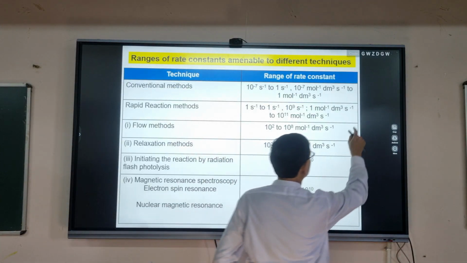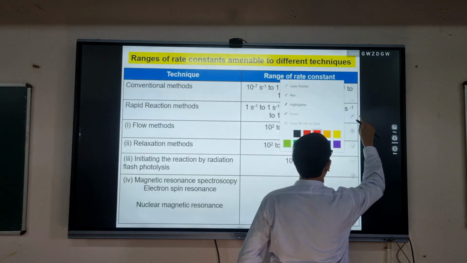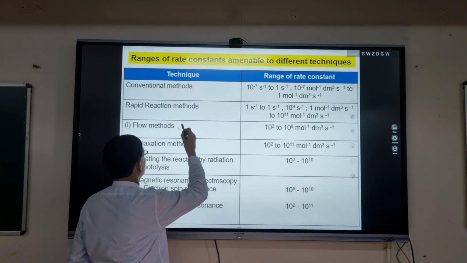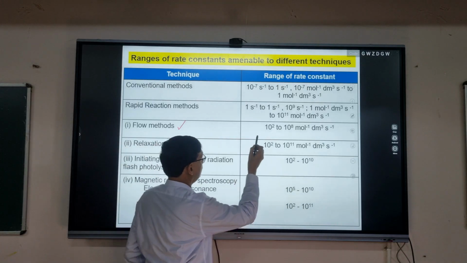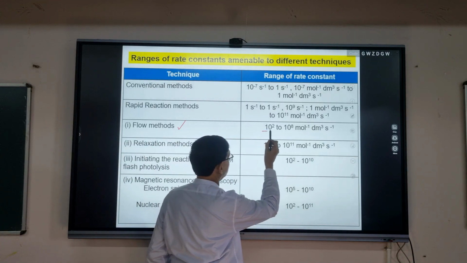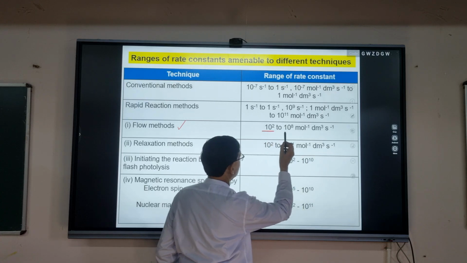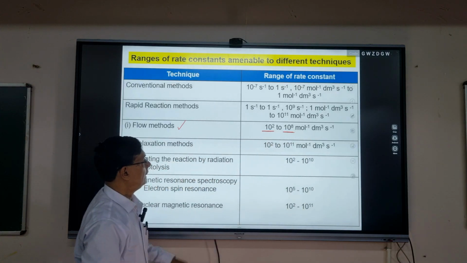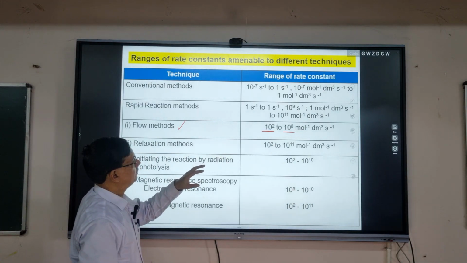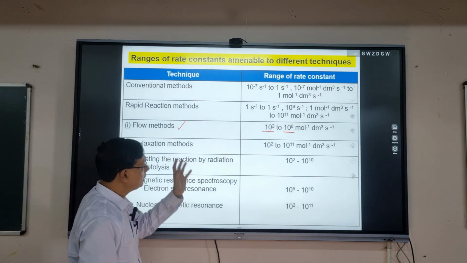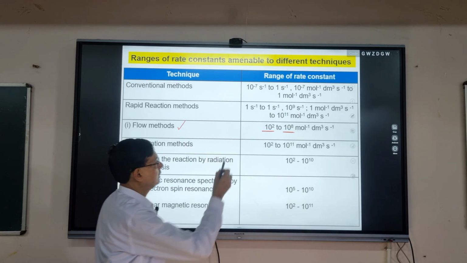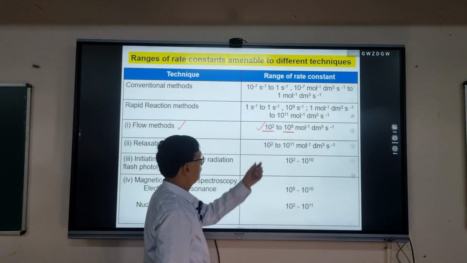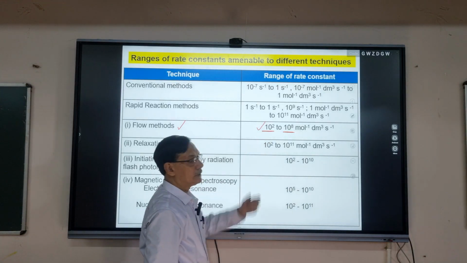Basically, in the flow method, if the rate constant is 10 to the power 2 to 10 to the power 8, and basically this continuous flow method, this type of reaction can be studied.